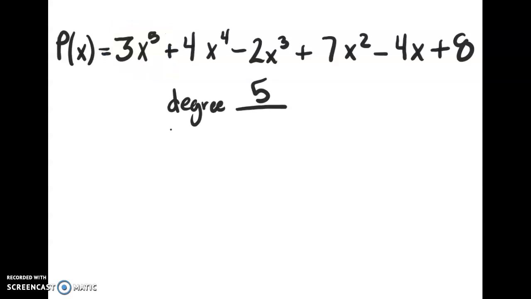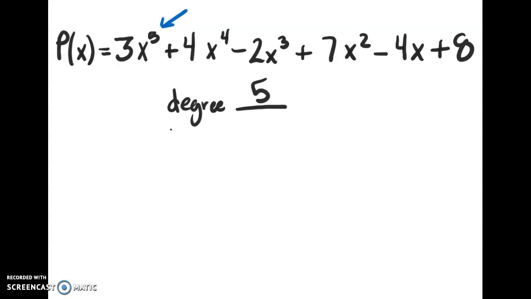And you look at each term and you look for the highest exponent. This polynomial is sorted in descending order, meaning it goes from highest exponent to lowest. It's not always in descending order, by the way. The highest exponent in the function is the degree of the polynomial.